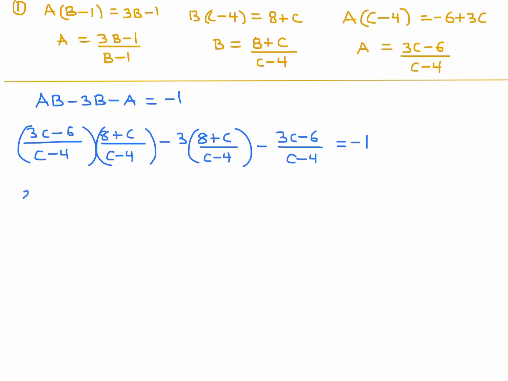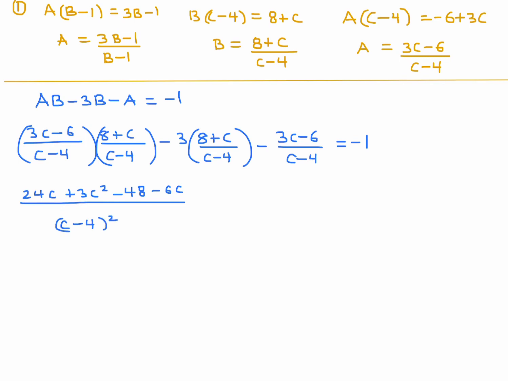When we do, we get 24c plus 3c squared minus 48 minus 6c. And here we have c minus 4 squared.